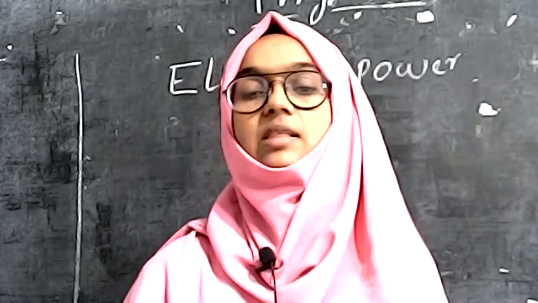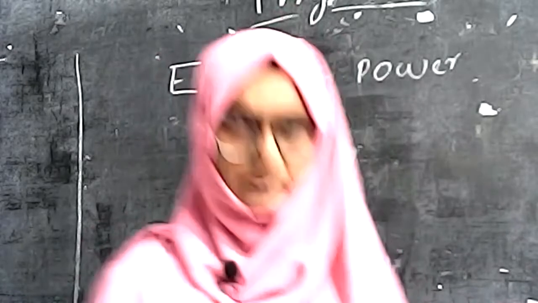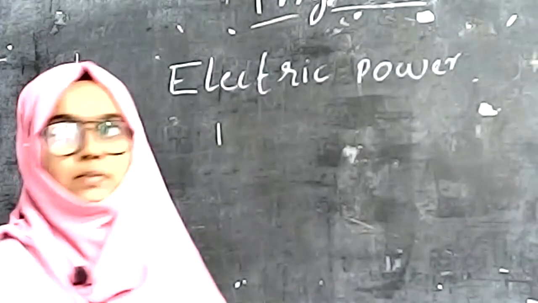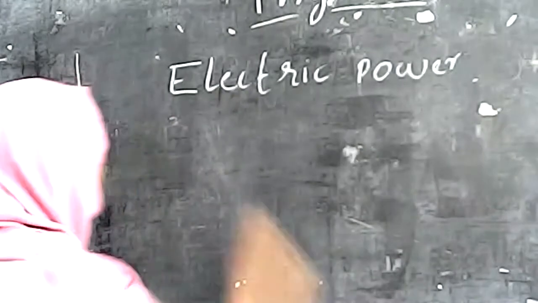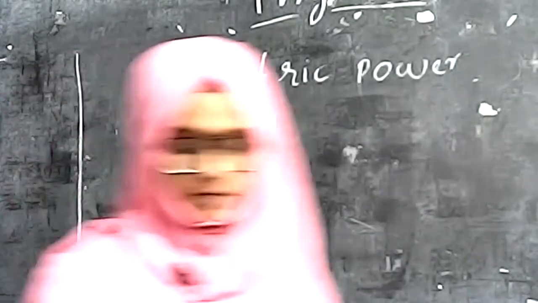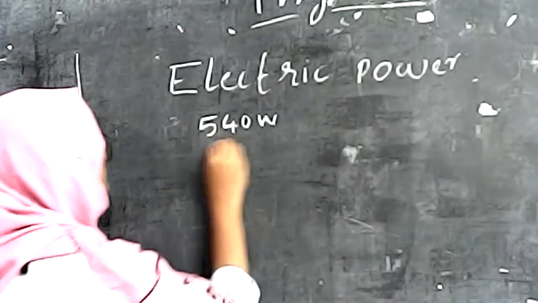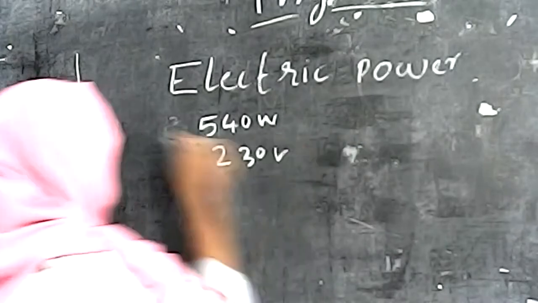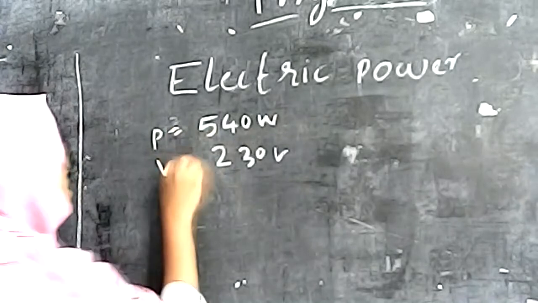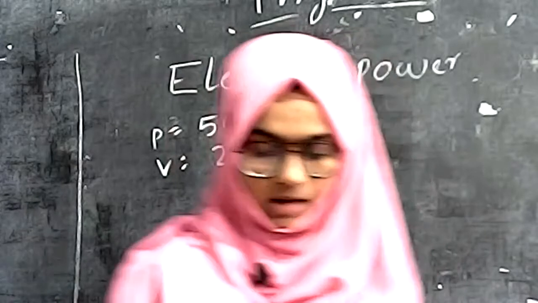Here we can find the amperage of an appliance. The power is 540 watt, and the voltage is 230 volt.